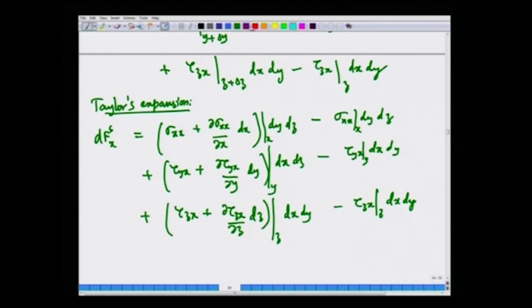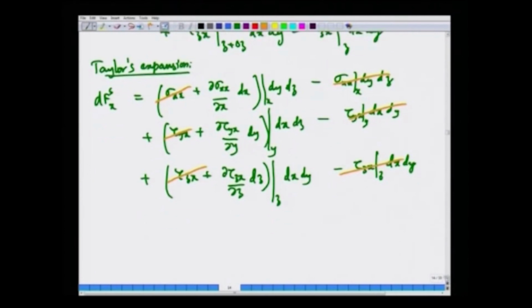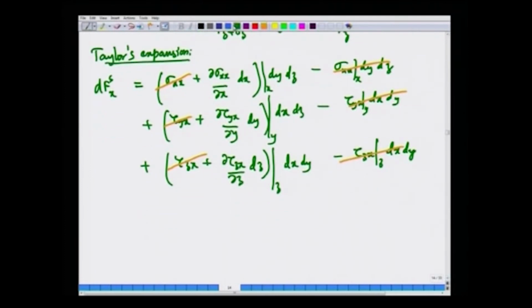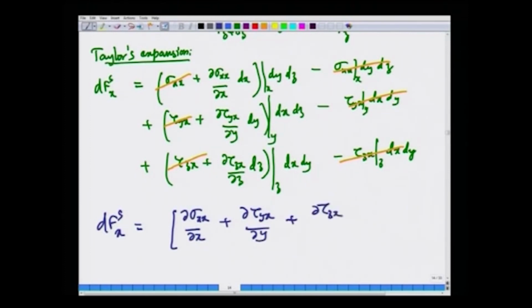So, this term will cancel, this term will cancel, this term will cancel, leaving us with essentially dF_s,x is d sigma_xx by dx plus d tau_yx by dy plus d tau_zx by dz times dx dy dz.